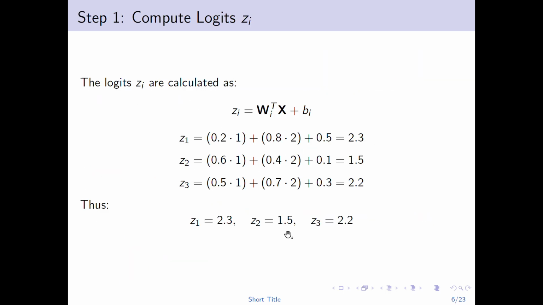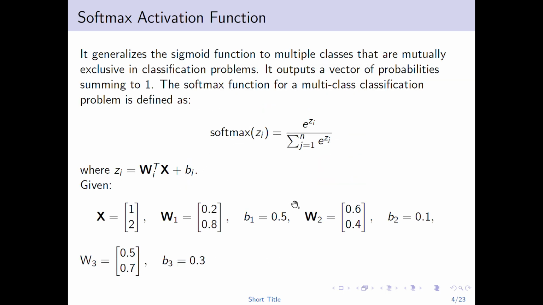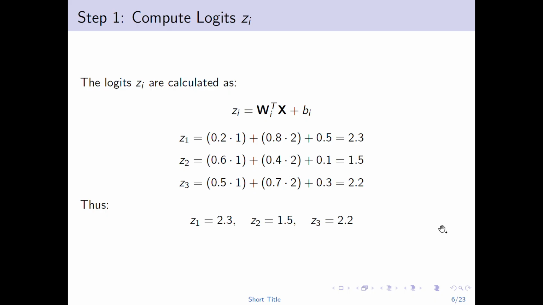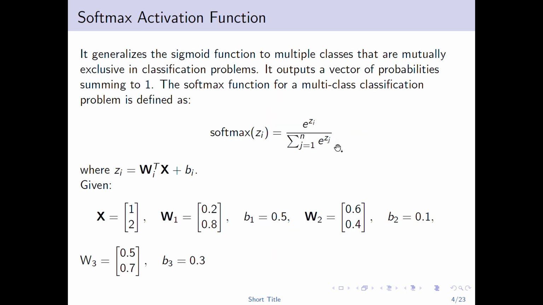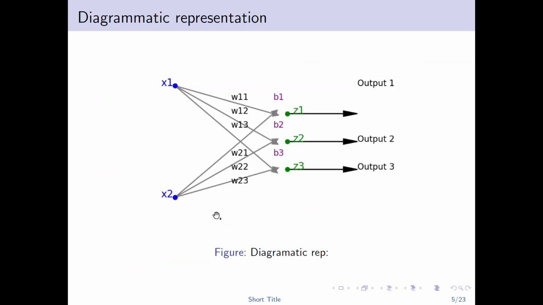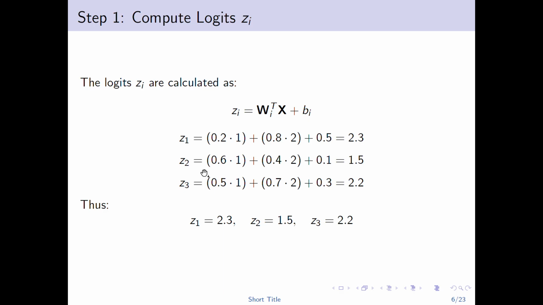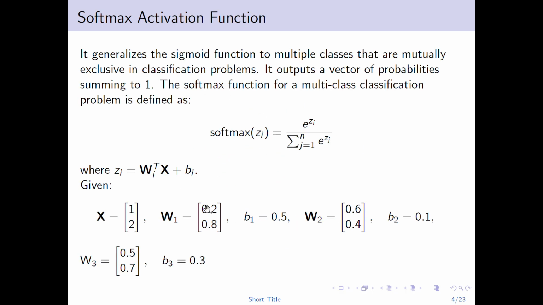In that case, z1 is equal to 0.2 into 1 plus 0.8 into 2 plus the bias term 0.5.